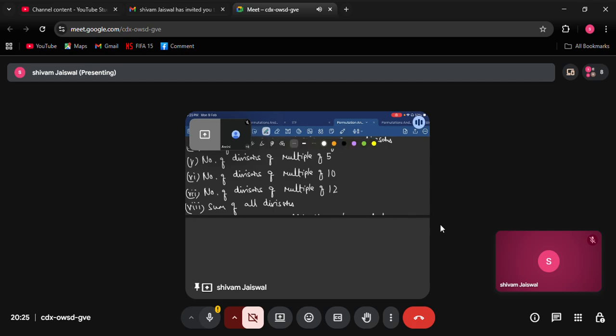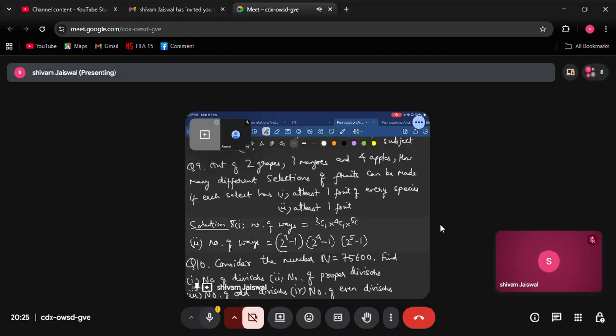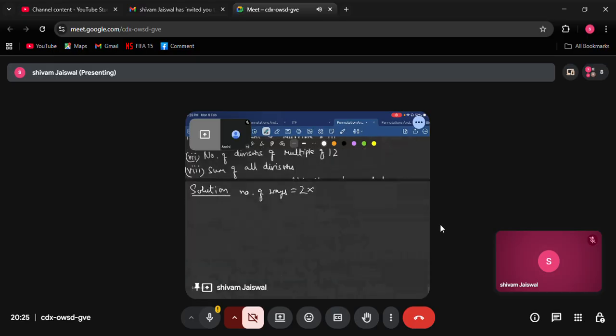Why one? Either you select one grape or you select two grapes. So two. In how many ways can you select? So three. Three into two. Is it clear? Yes, I got it.